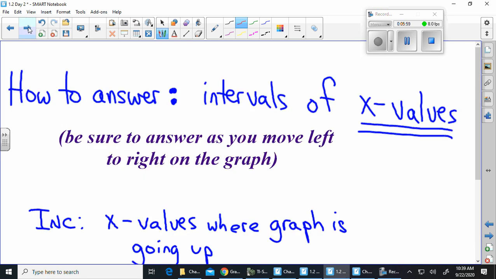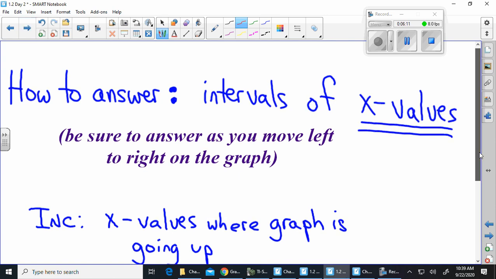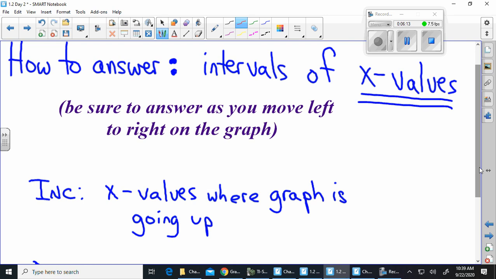How to answer. Be sure to answer as you move left to right. They are intervals of x's. So you put the x in terms of where the y is going. Increasing would be x intervals where the graph is going up.